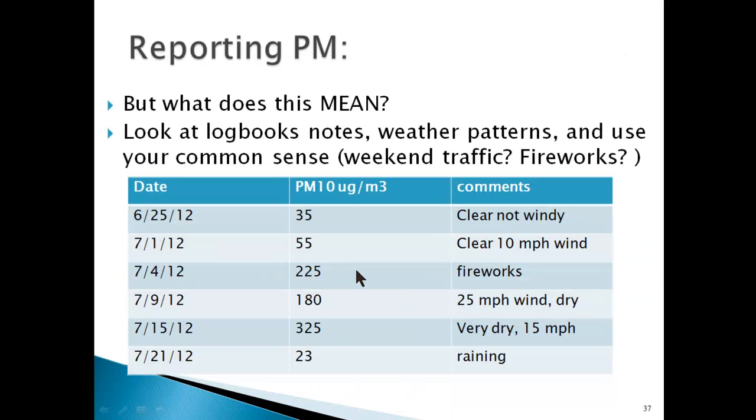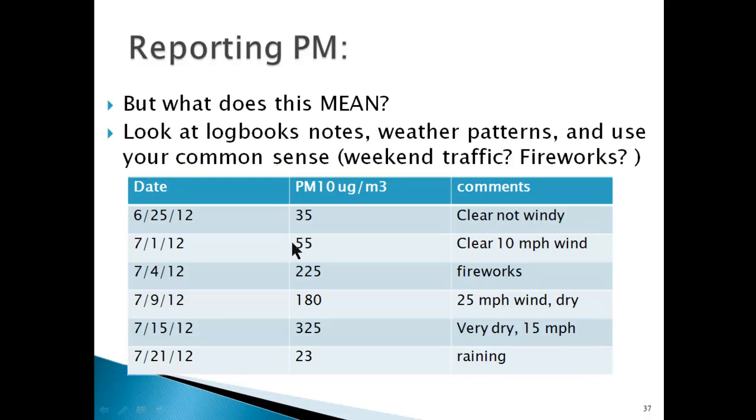So what does this mean, though? In terms of making sense of it, you could see that your logbook records are incredibly vital, because this data here from last summer shows values fairly low for PM10, and again, here's this U for microgram per cubic meter.